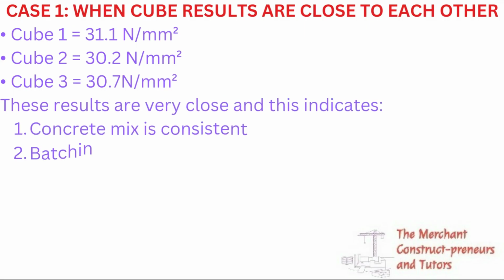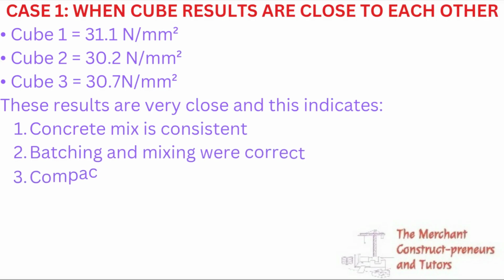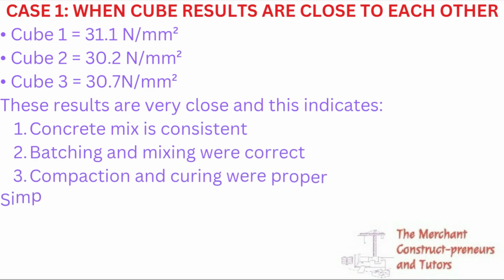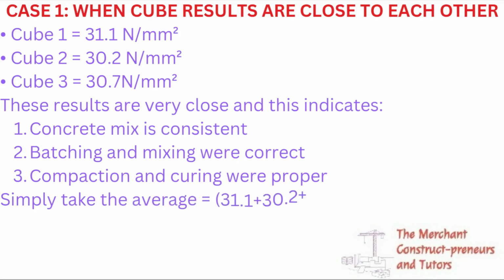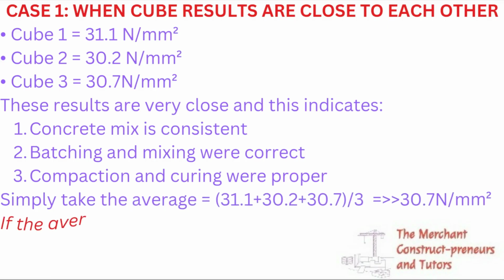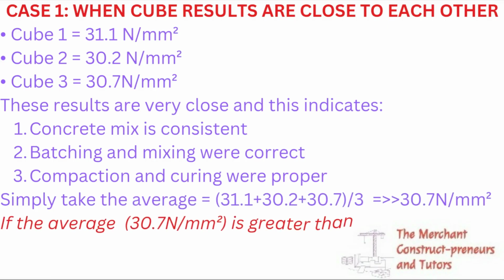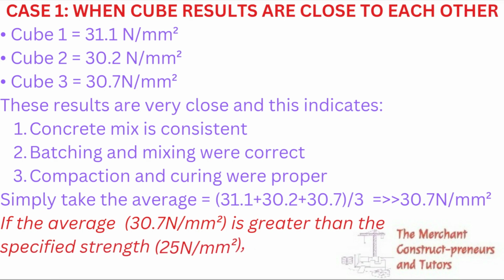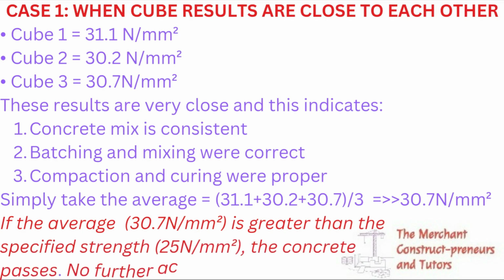Case one, when cube results are close to each other. Just as you can see here, cube one is 31.1 Newton per millimeter square, cube two is 30.2, cube three is 30.7. What these results indicate is that the concrete mix is consistent, the batching and mixing are correct, and the compaction and curing are properly done.